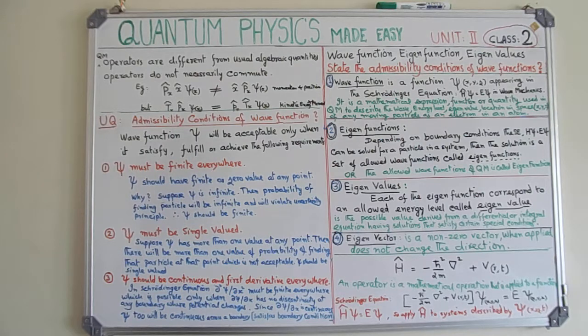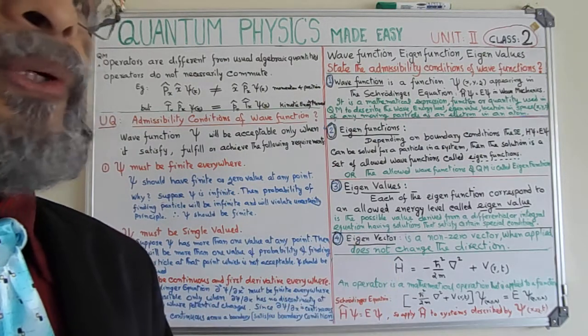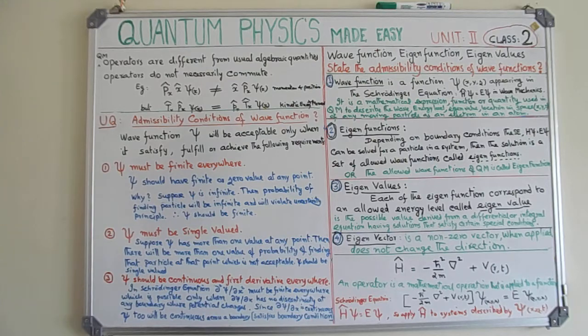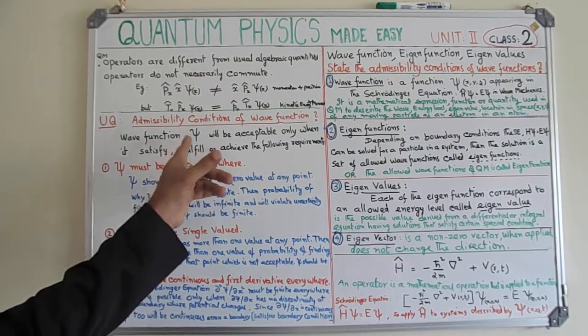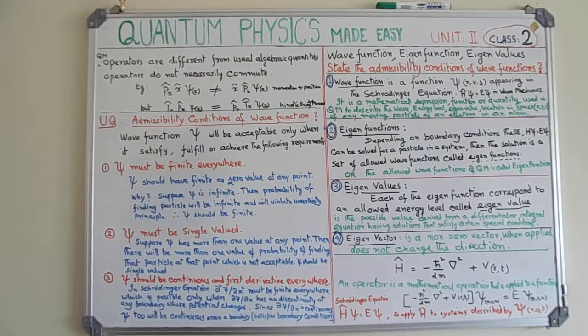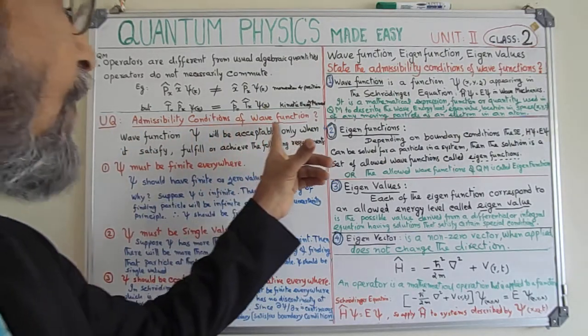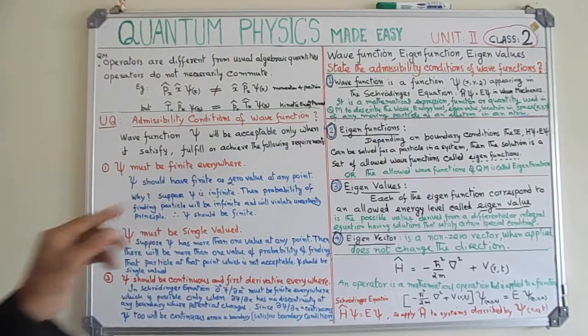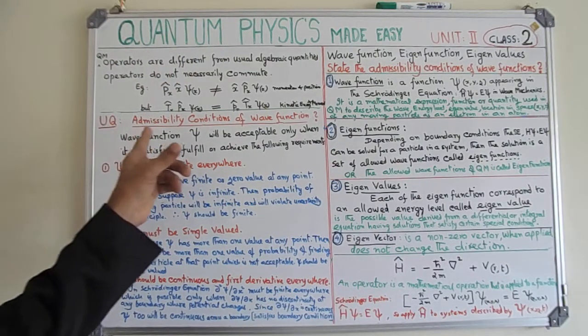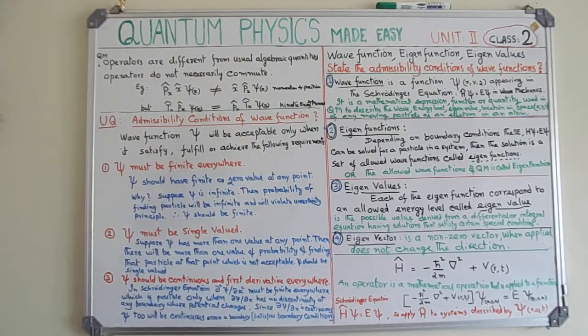For the time being, let us simply assume that the wave function, for a stretched string, is equal to the amplitude. If a stretched string is vibrating, the wave function psi can be denoted as amplitude. Under what conditions is the wave function acceptable for the Schrödinger equation?